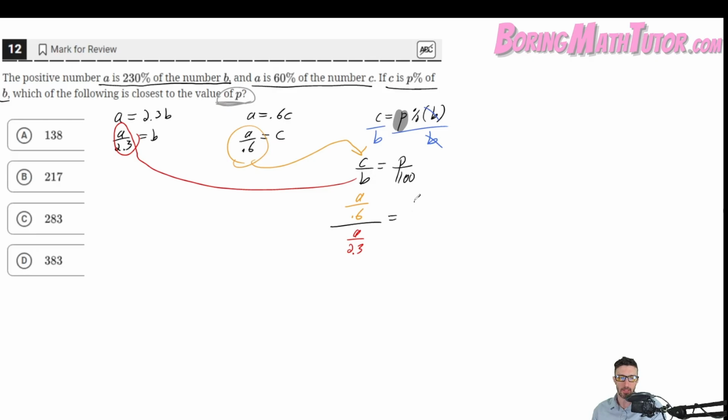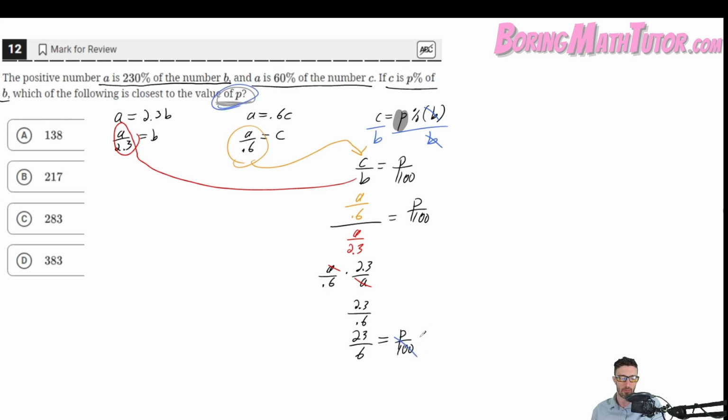Okay, but that's all equal to P over 100. And now I can do keep, change, flip, where it's A over 0.6 times 0.3 over A. The A's cancel, and I just get 0.3 over 0.6. So that equals P over 100, and we just got to figure out what P is.